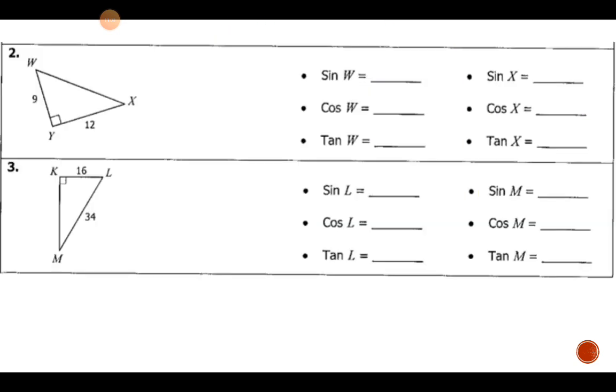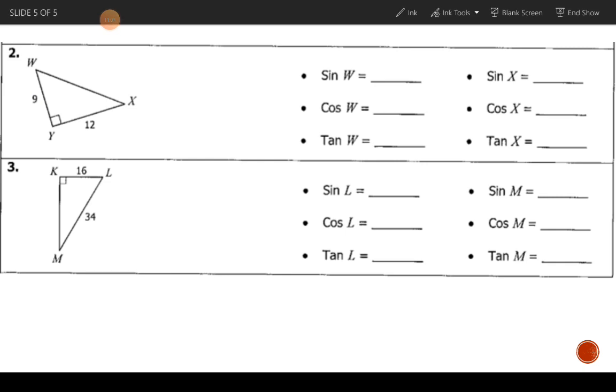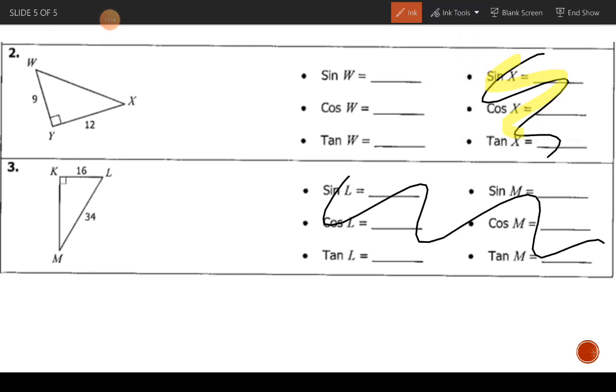Okay, so let's just do one more example just to make sure we know what we're doing. So we're just going to do number 2. Now, notice here that my hypotenuse is missing. So we're going to have to do some math here. We're going to have to use Pythagorean's theorem to help us find that missing side, okay?